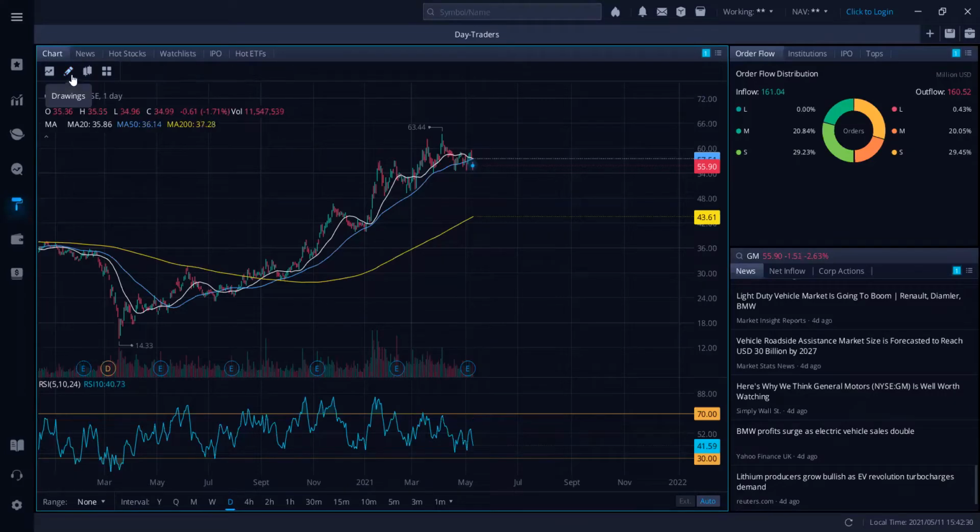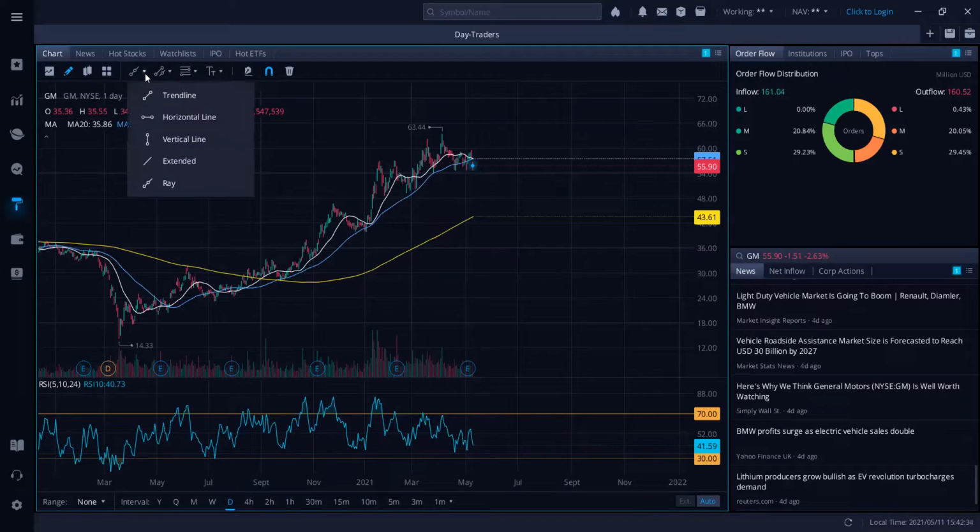Again, you go to this little pencil here, boom. If you click this little button here, you get a drop down menu, right? And of course we want to make sure we download our Webull.